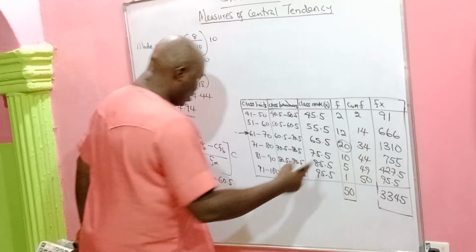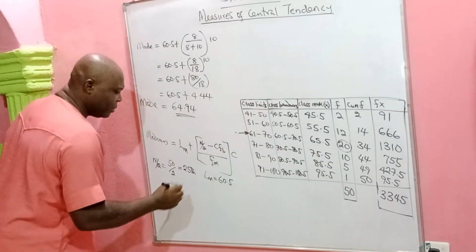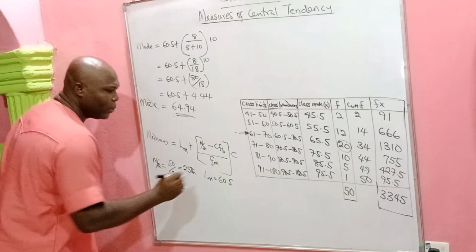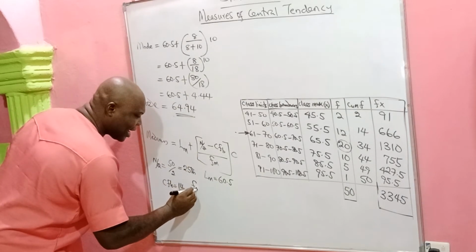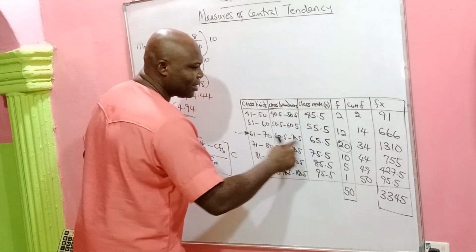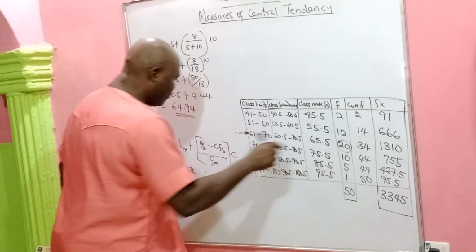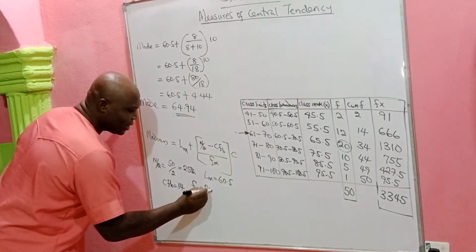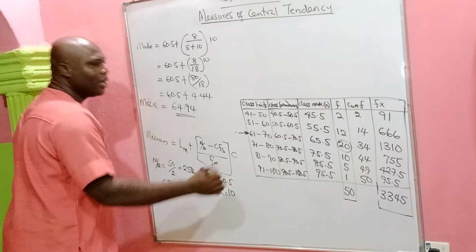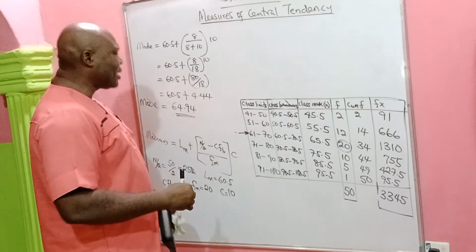That's 14. So the cumulative frequency before the median class, CFB, is 14. Then we need the frequency of the median class. That very median class, the frequency is 20. And of course, the class size is still 10 because every class has a magnitude of 10.